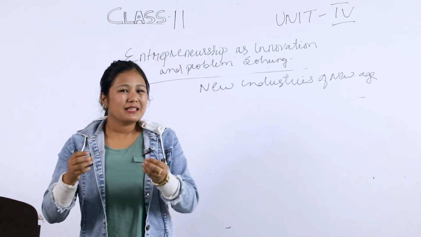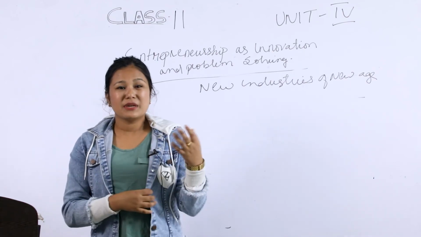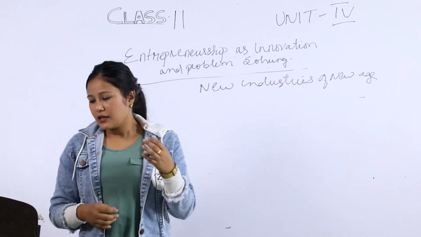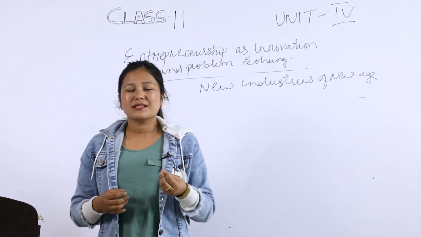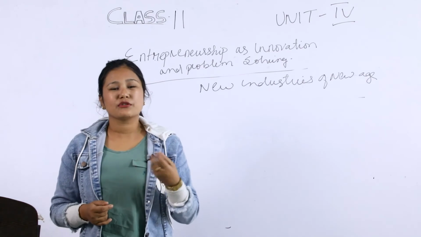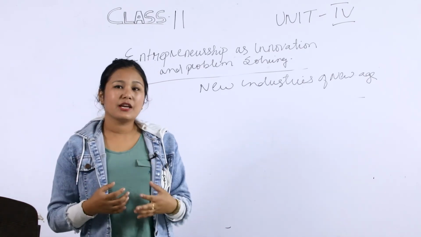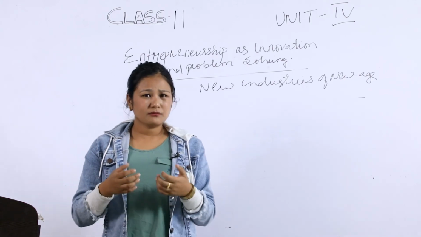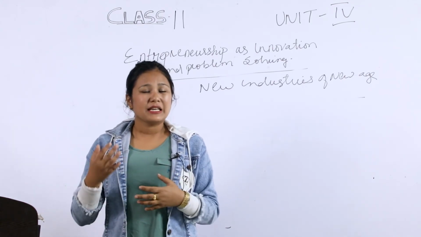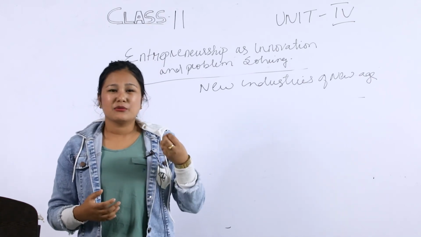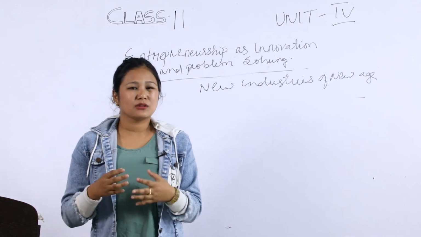That is an example of a new technology based industry, a media company online. There are also online retailers, another example of new industries of the new age, which means you can buy your products from your phone or laptop anywhere, and it is easily accessible, computer based and technology based.